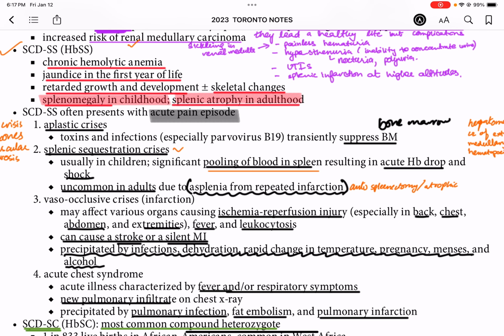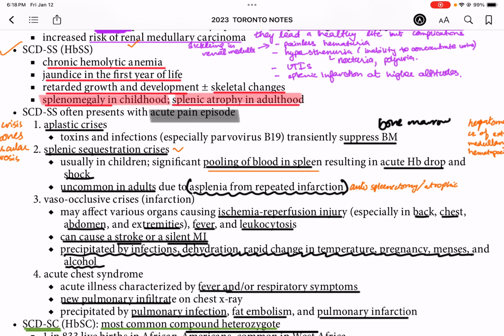So little by little, the spleen starts getting infarcted. It gets infarcted at one point, and then the next, and then the next, because of the vaso-occlusion. So these repeated infarctions lead to what we can call autosplenectomy. It starts to go into atrophy, and there is asplenia.